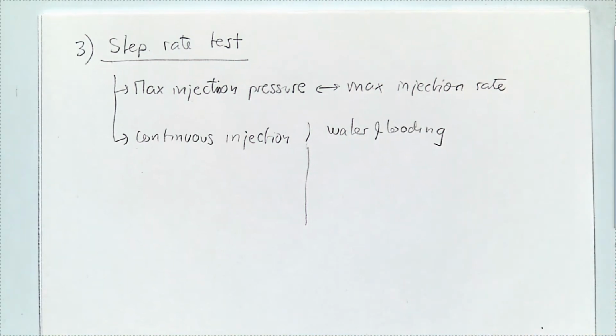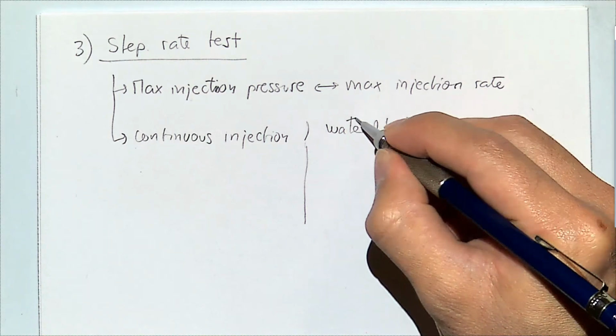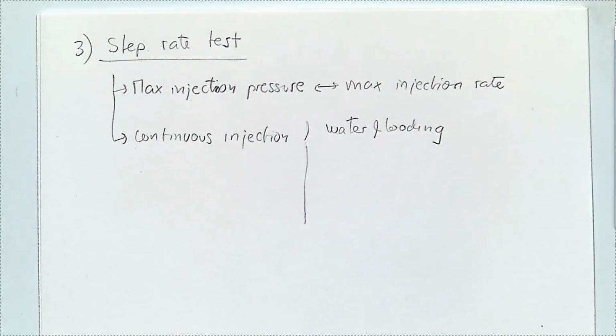Do you want to fracture a wellbore when you're doing water flooding? Probably not, because otherwise the displacement of oil, for example, is not going to be that efficient. Well, we're going to see an example later where I'm going to challenge that idea. But in general, no, you don't want to fracture a wellbore when you're doing water flooding.